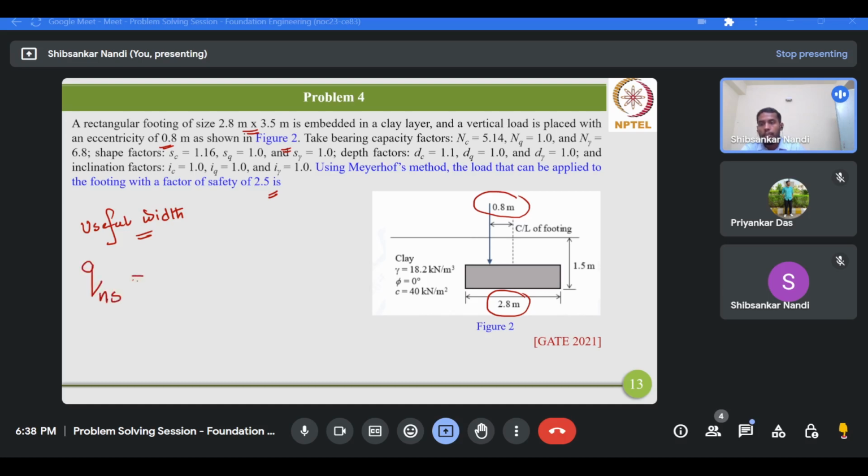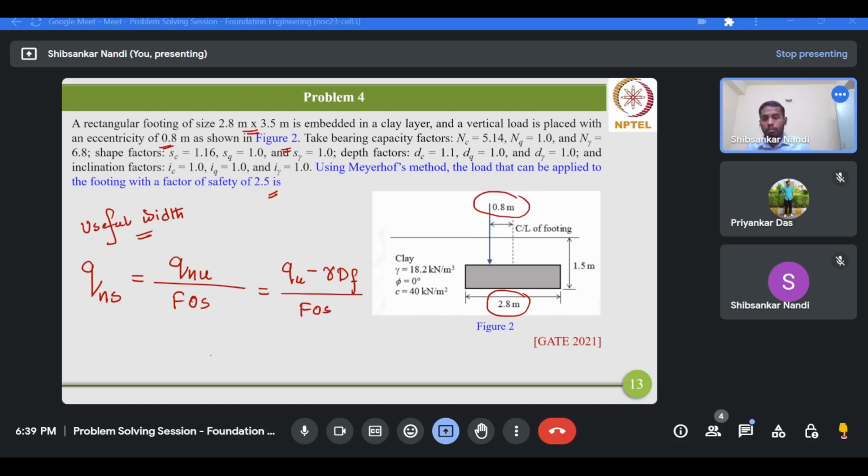net safe bearing capacity, and as you know, this is nothing but the net ultimate capacity divided by the factor of safety. The net ultimate bearing capacity is the ultimate bearing capacity minus the overburden pressure at the foundation level, that is gamma times Df.